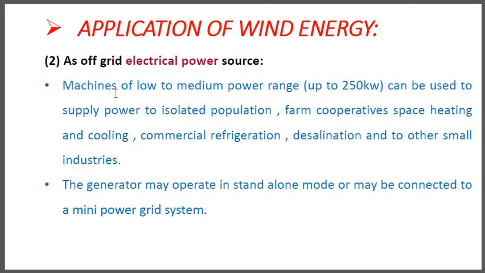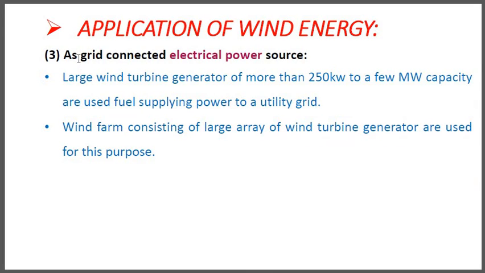So small machines in ranges up to 250 kilowatt can be used to supply power from the wind energy systems for farming purposes, home or domestic use. So it is called off-grid electric power source. Now third application is a grid connected electric power source.